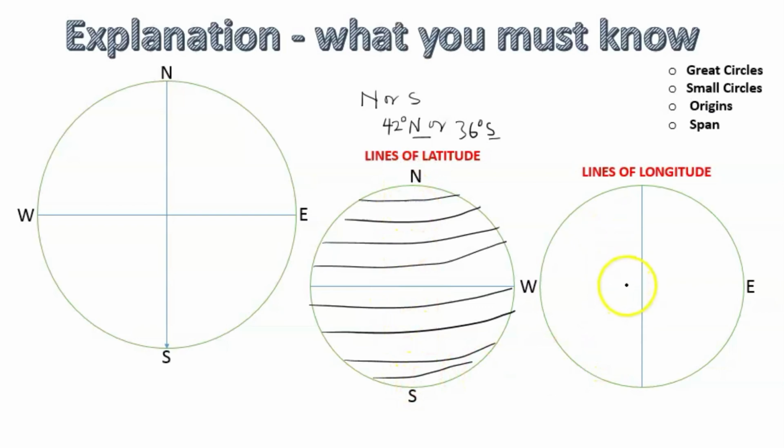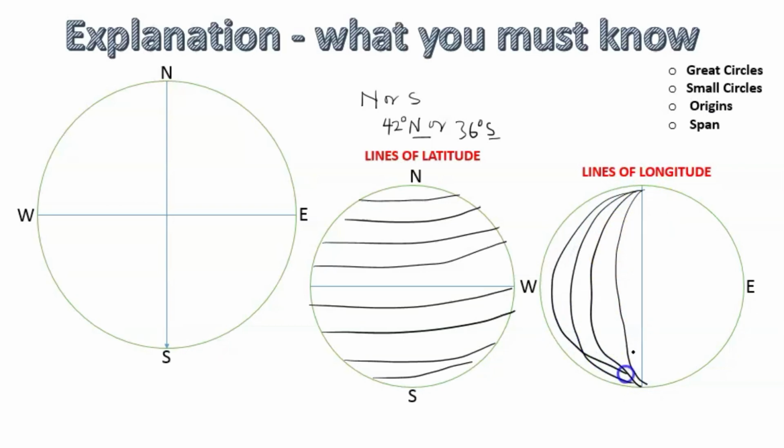Then we also have lines of longitude. These are lines that move from towards the west. You see them going this way. These are longitude lines as they travel side by side. Sorry, that's not very correct, but just have an idea.